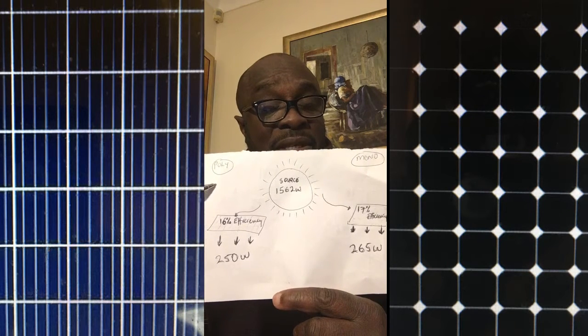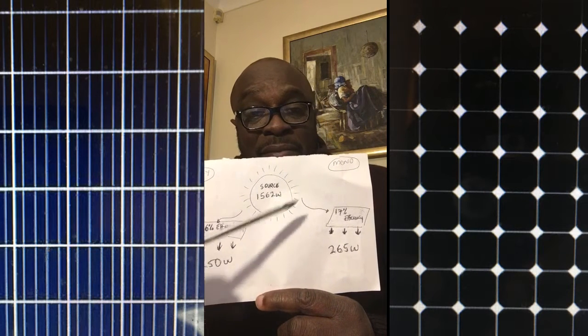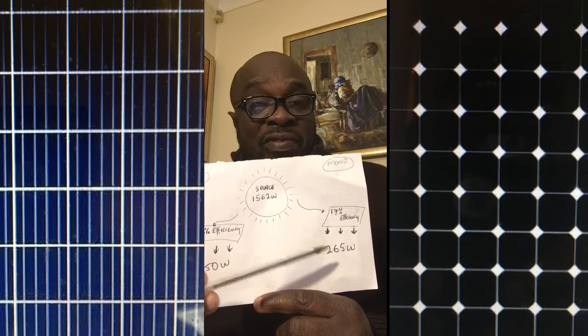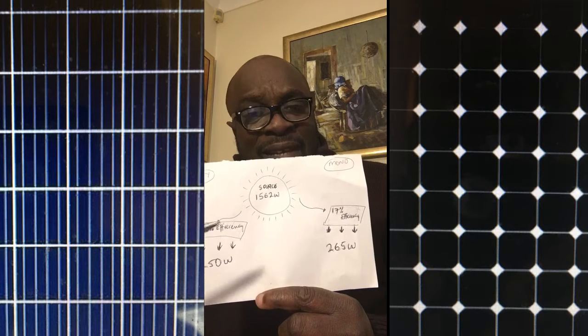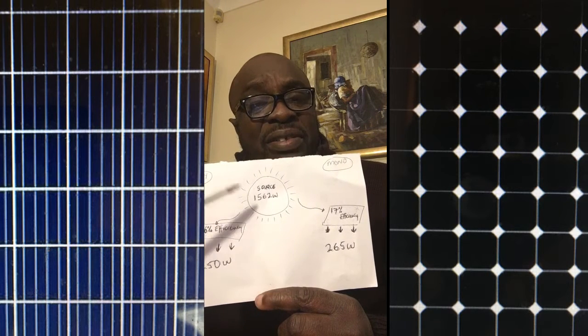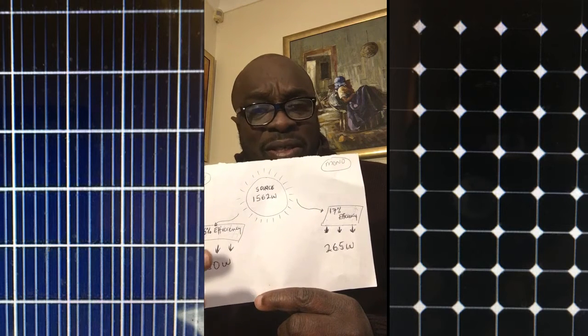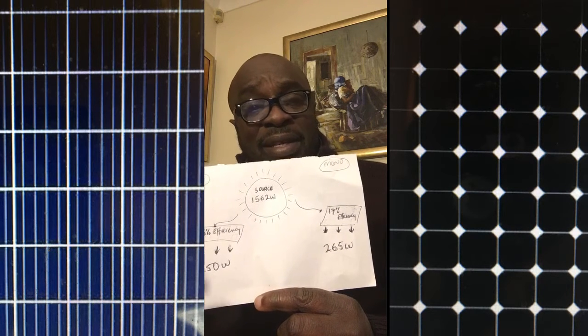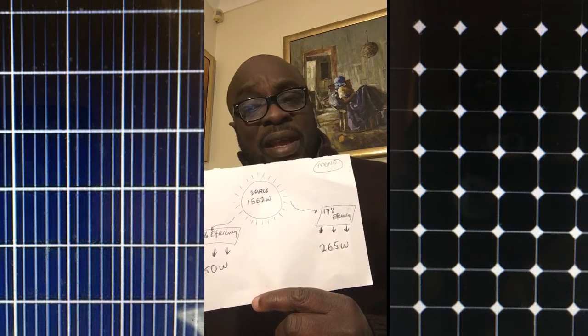So your polys typically will be generating about 250 watts, whereas under the same conditions, your monos will be pushing out 265 watts. But again, that difference isn't appreciable enough to make an impact when it comes to small solar installations for homeowners, etc.